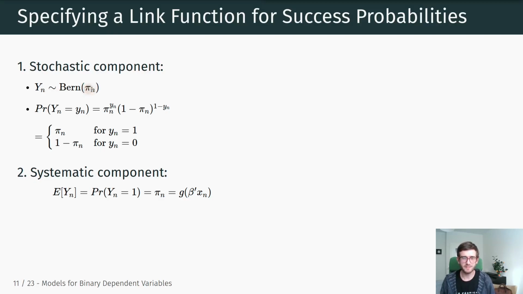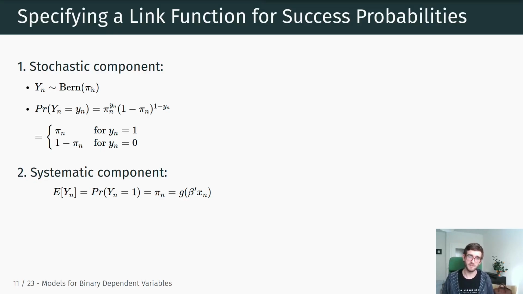Note here, though, that when we talked about Bernoulli in the beginning, when we talked about basic probability theory, we often talked about Bernoulli trials with constant success probabilities. This is not the case here. Right now we have success probabilities that basically differ between individuals, right? Not everyone has the same probability to vote for a certain candidate, or not every conflict has the same probability to result in civil war, right?